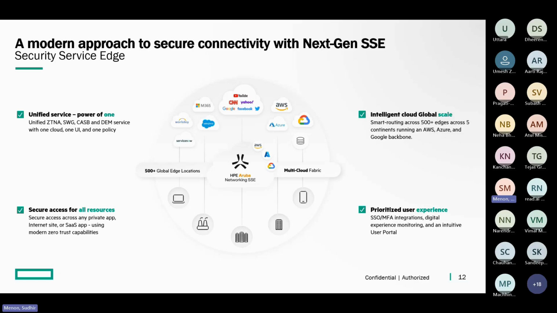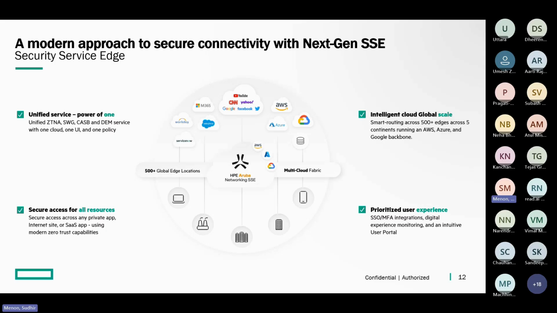Typically, the traditional SSE players have a POP-based access wherein they have 2 or 4 POPs across the country, and everybody has to get connected to the POP, and whatever the latency to the POP is what you have to bear with. Many of those SSE users today, while they have adopted SSE, always complain about latency. But with an edge-to-POP approach, we have almost 33 plus edge locations across the country. Currently, we have 2 POP locations, but somewhere next year we have planned for 2 more POPs, which makes it 4 POPs.